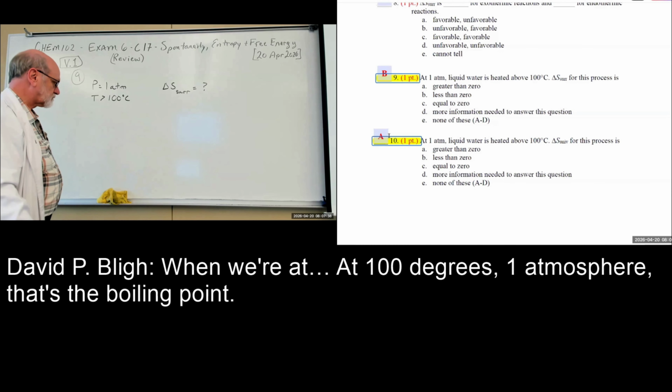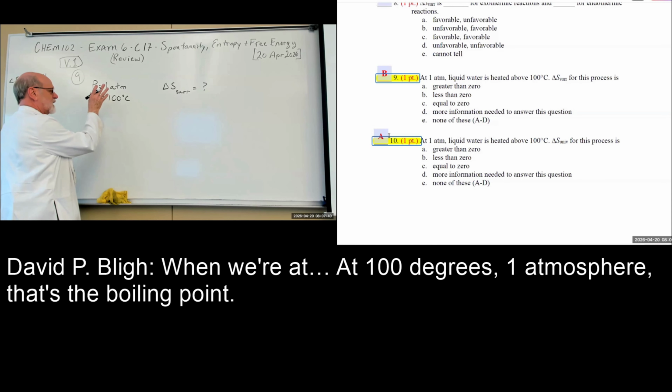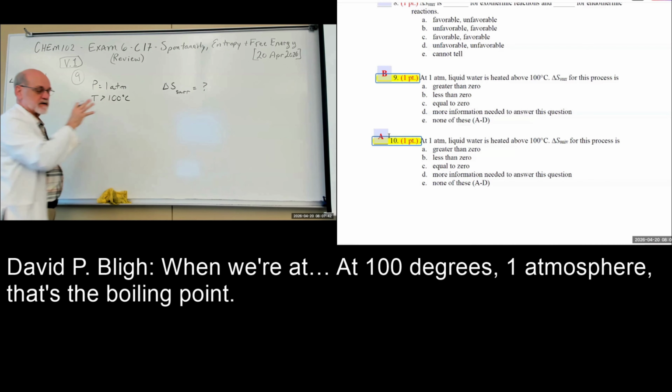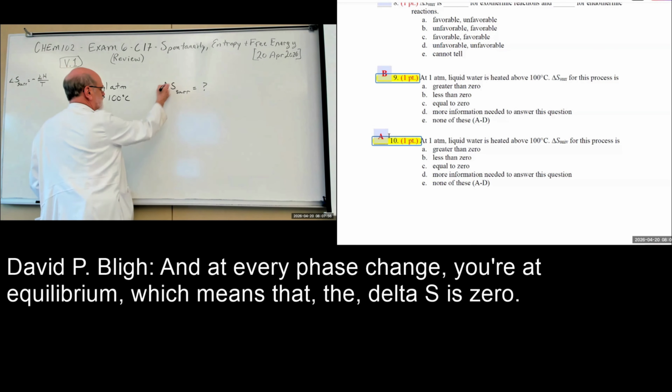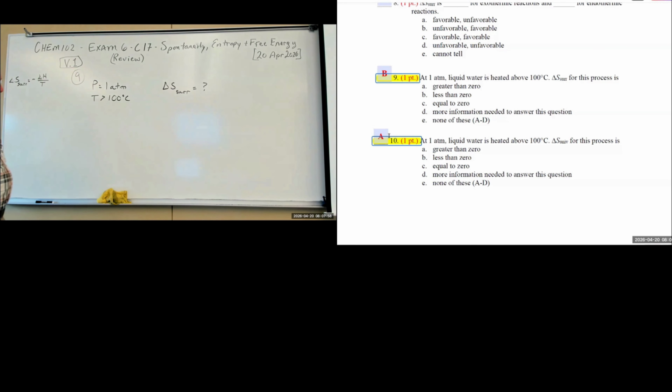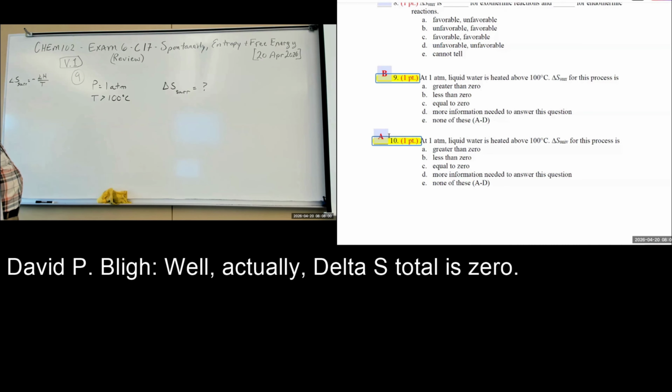When we're at 100 degrees and 1 atmosphere, that's the boiling point. And at every phase change, you're at equilibrium, which means that delta S is 0. Well, actually, delta S total is 0.